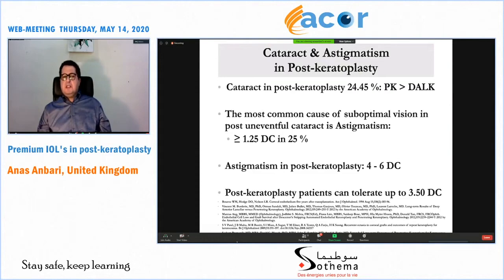In post-keratoplasty, the astigmatism average is between 4 to 6 diopters. In post-cataract surgery with virgin corneas, 1 in 4 has astigmatism of 1.25 diopters or more. If you add all these together, then you conclude that dealing with astigmatism is as important as dealing with cataract in post-keratoplasty.